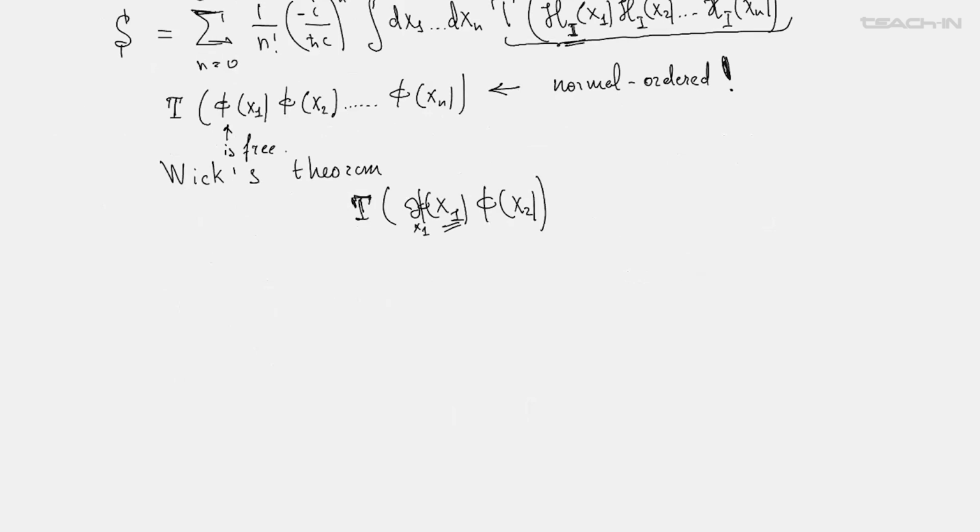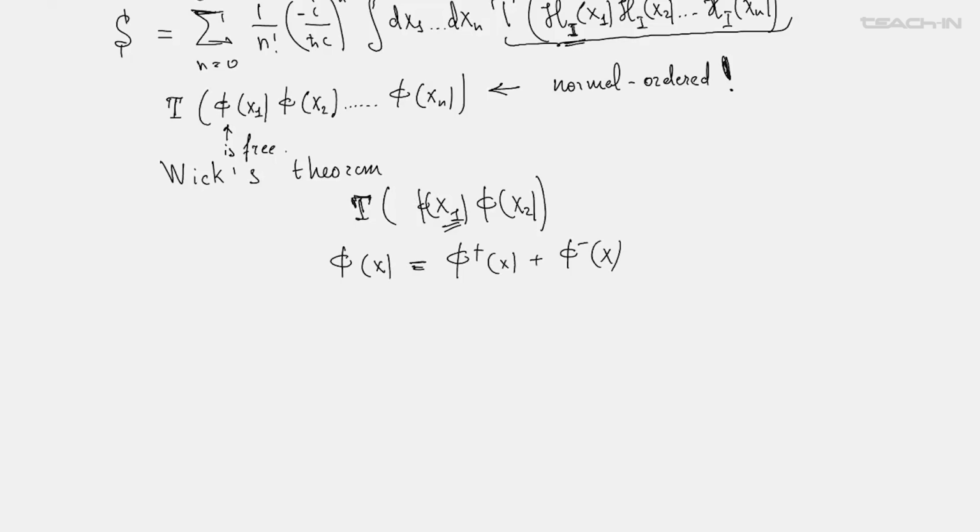So for the simplest case, we have just two fields, phi on x1 and phi on x2, and we know that a field in the free theory admits an expansion phi plus plus phi minus, where phi plus and phi minus are the positive frequency part and the negative frequency part. And the positive frequency part comes with a creation operator.